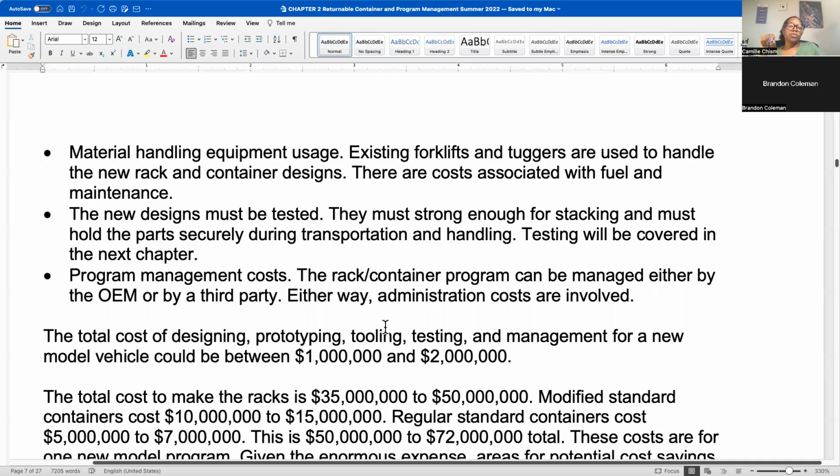So we had to determine: do we wash everything and inspect everything? Do we keep track of the ones we know will be oily and wash them, or have someone else wash them? Those are some of the things you have to look at. How do you repair and keep these containers clean?